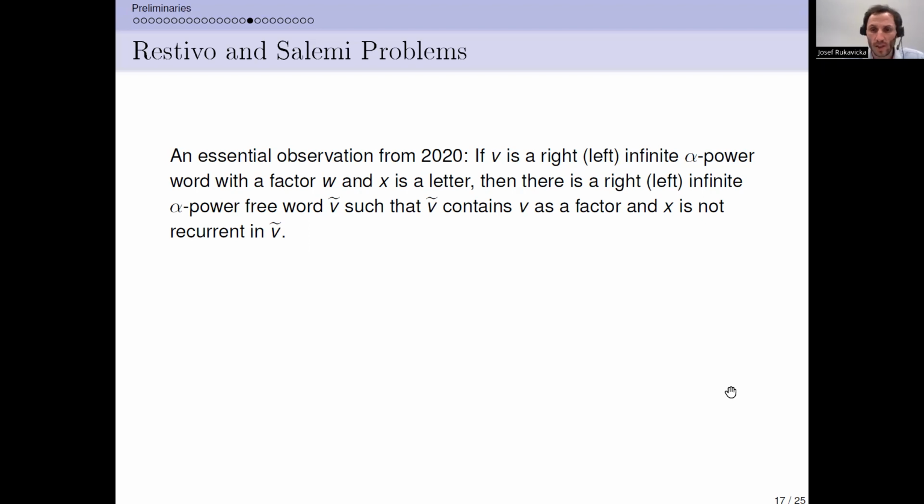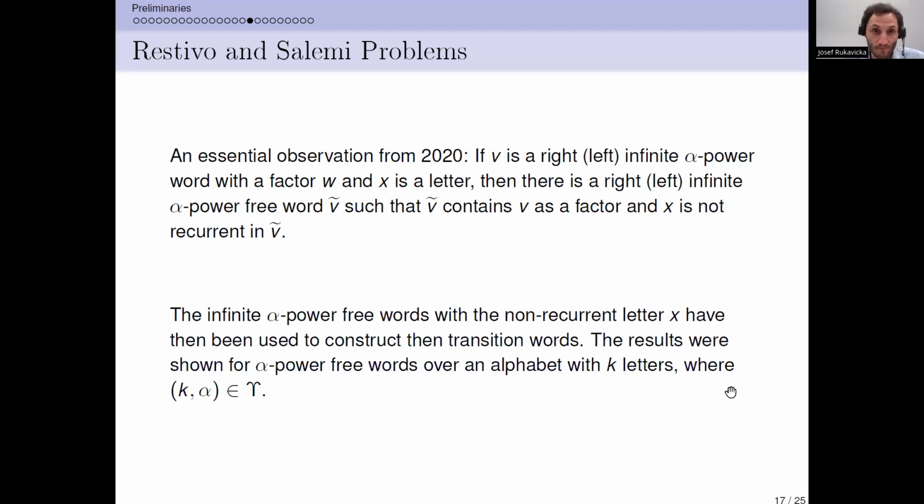As I said, this is very technical. I will skip the details, but this result is the essence: to reduce the number of occurrences of the letter x from an infinite number to a finite number.